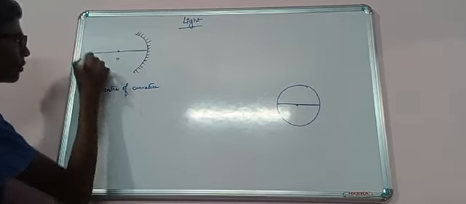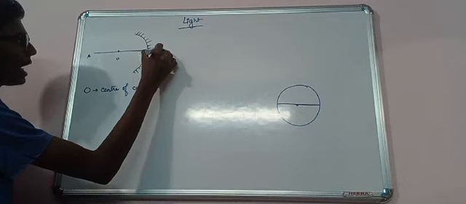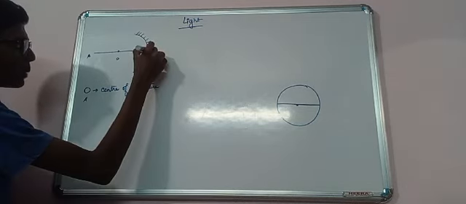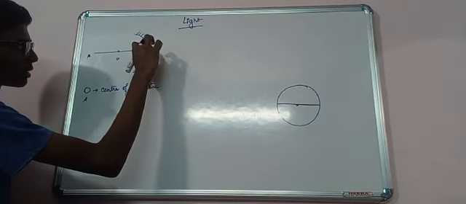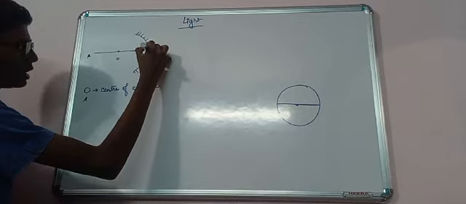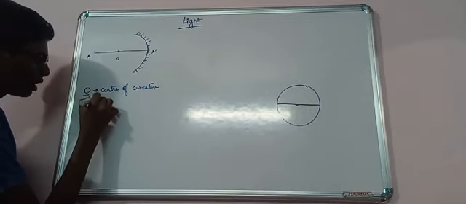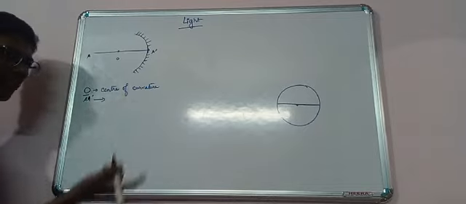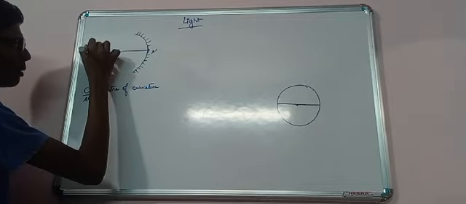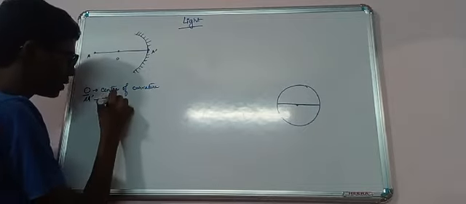Suppose it's A and A dash. This particular point is A dash. So this particular line was a line segment also we can say because it started from a point. So this is your principal axis.